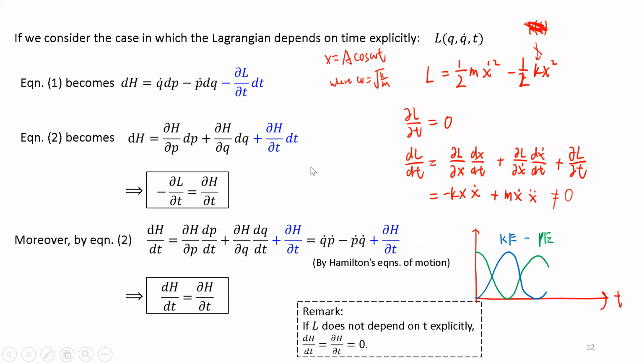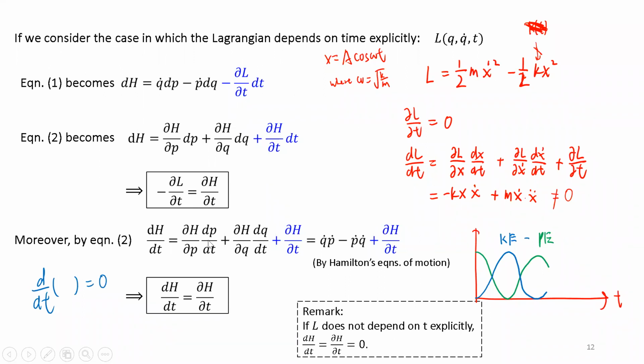So be careful about the difference between partial derivative and total derivative. When we talk about the conservation of a quantity, we are always saying that the total derivative of that quantity is 0 at all times. So from here, if L does not depend on time explicitly, that means partial L partial t is 0.